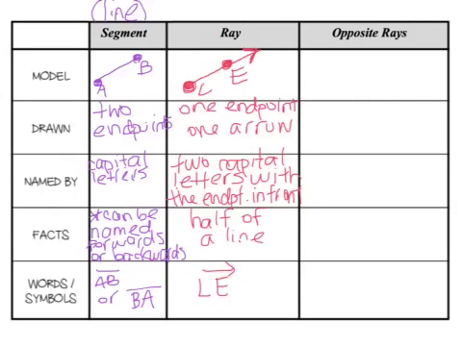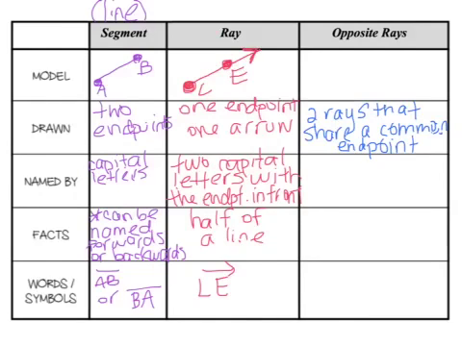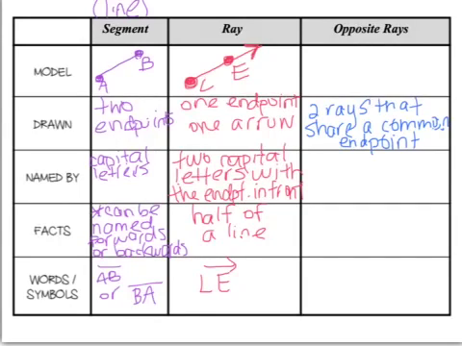Finally, we have opposite rays. Opposite rays are two rays that share a common endpoint. So we draw it as the common endpoint, let's say U, and two rays opposite each other.